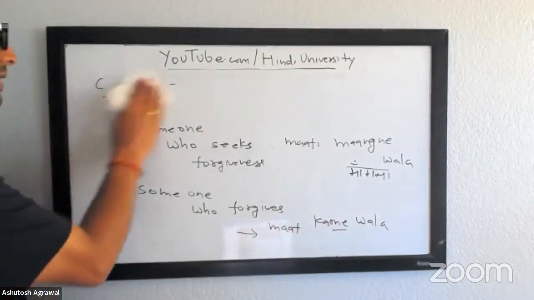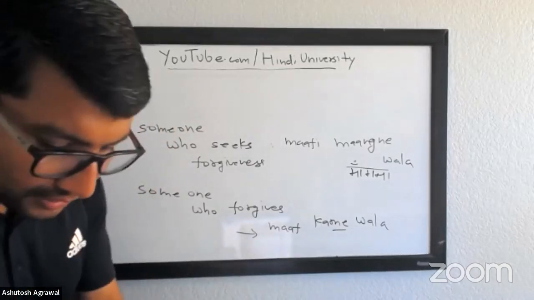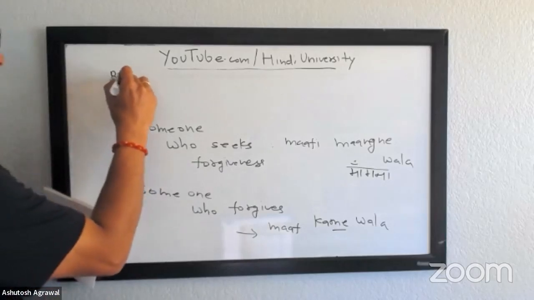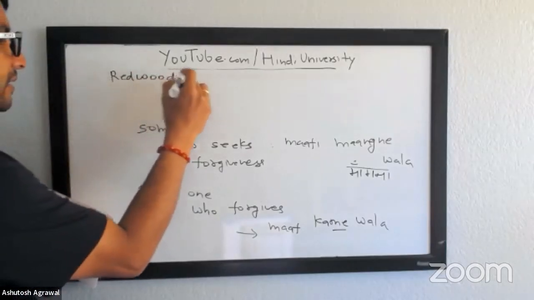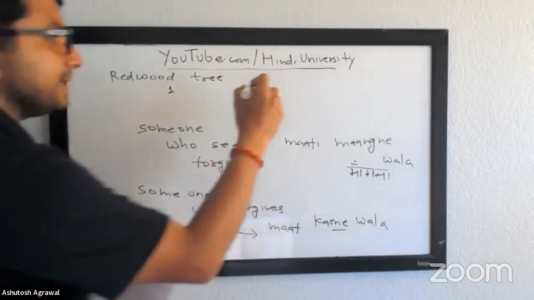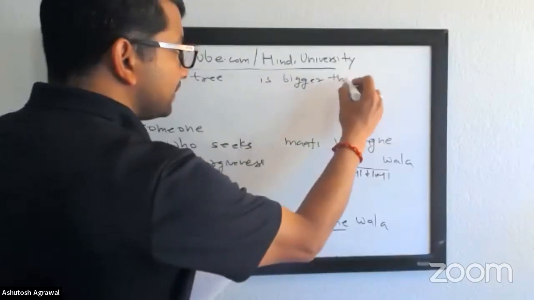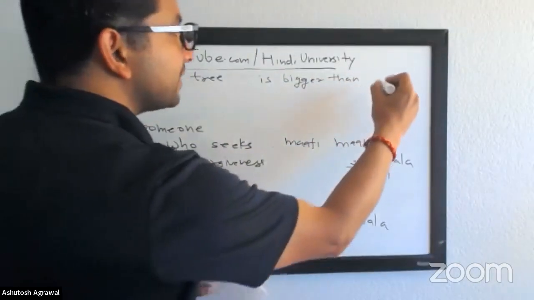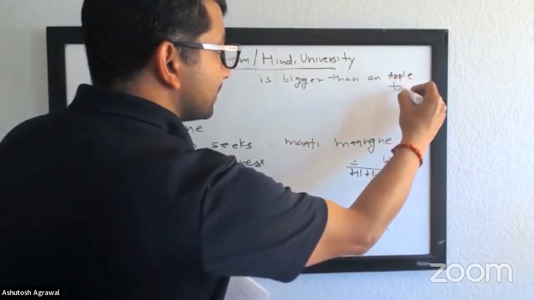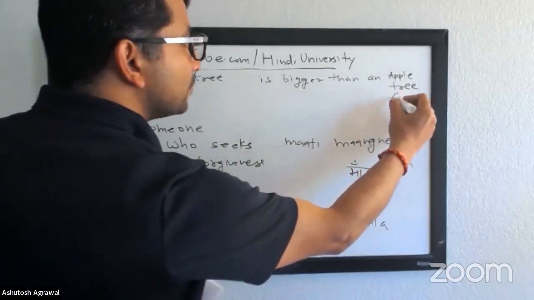So there's a saying. Okay, so let's say you have, I'm going to do case 4, or maybe let's say case 3 only. Let's say you have this thing called redwood tree. Let's call it number 1. Redwood tree is bigger than an apple tree, or taller, or whatever, right? So let's call this one apple tree number 2.